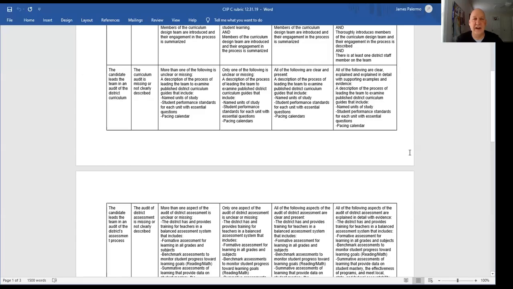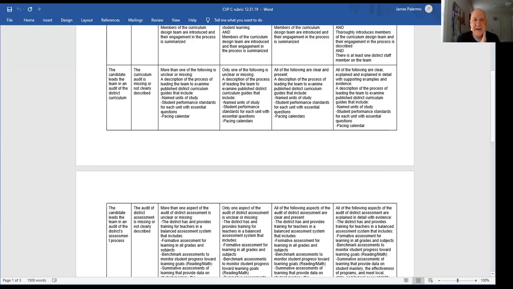The next portion of the CIIP is describing the process of leading the team in the analysis of documents. It does describe some of the documents you can see, the named units of study, the performance standards, the pacing calendar. Does each teacher in the district get this kind of material from the district?